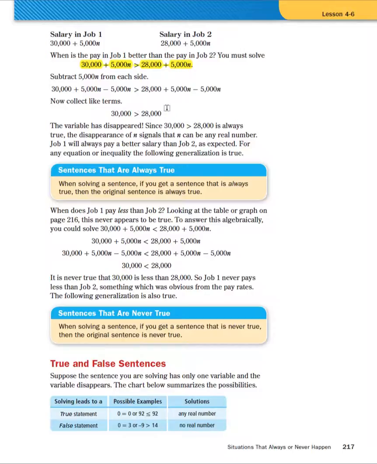The variables disappeared. $30,000 is always greater than $28,000. What this has told us is that if n is any real number, then 30,000n will always be greater than 28,000n. So it just doesn't matter what n is, it's always going to be true.